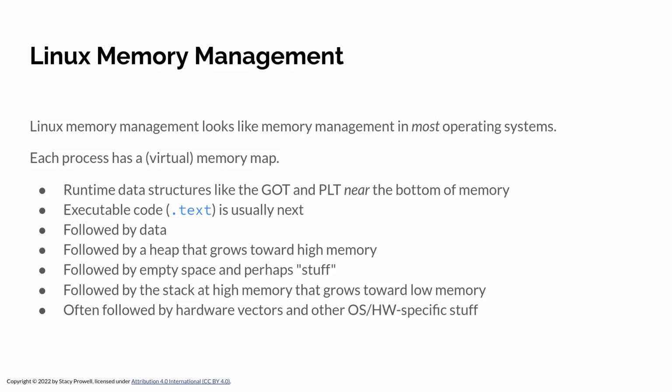They're loaded somewhere in physical memory, and those physical addresses are then mapped into your address space. Because, again, we can virtualize the addresses and they can then appear. We follow that with the stack, usually at higher memory, growing downward, and then that's often followed by hardware vectors and other stuff.